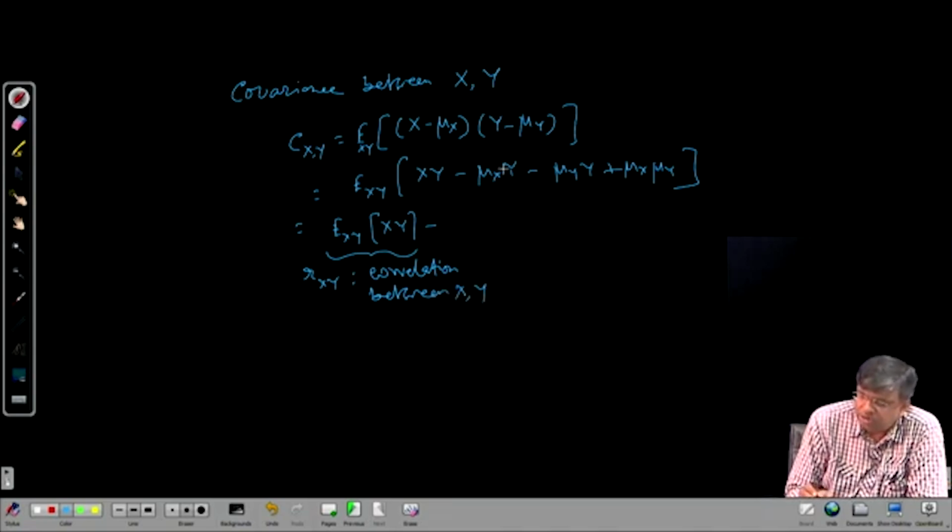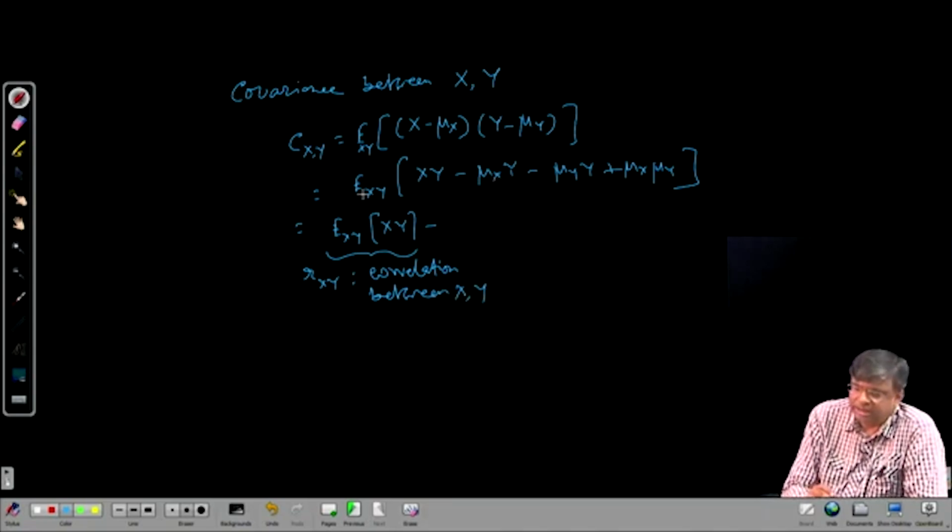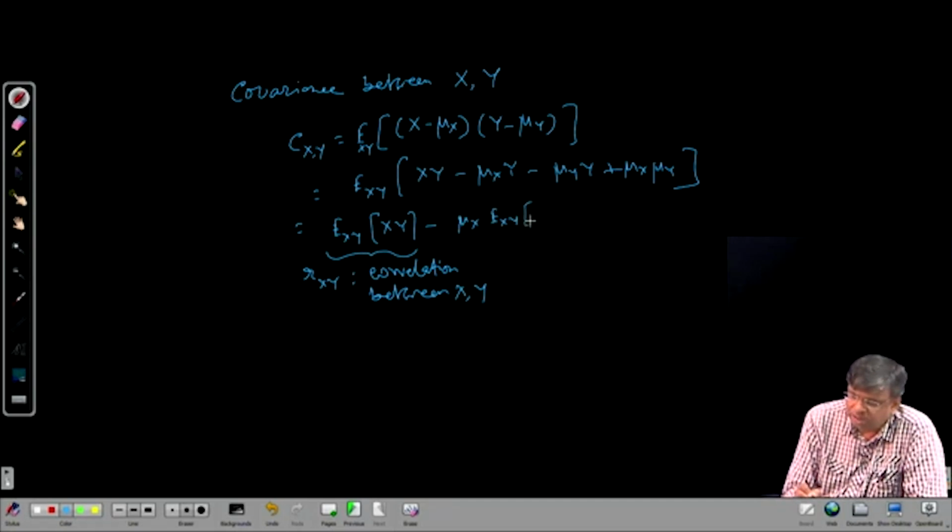And then E x y on this, of which mu x is a constant. E x y means what? Multiplying by the joint density and integrate. So, mu x is a constant, not random, it will go out. So, it will be mu x times E x y of y.